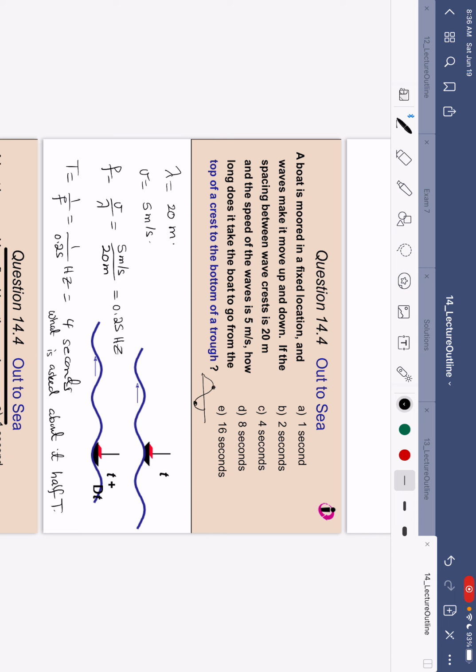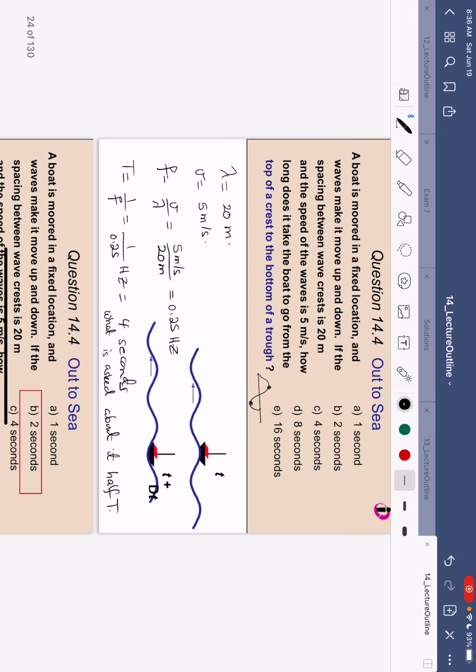I have lambda as 20 meters and V as 5 meters per second. I can find the frequency, which is V divided by lambda, or I can use the other formula and find T directly. T is 1 over F, which is 4 seconds. What they are asking about is half of T, which is 2 seconds.